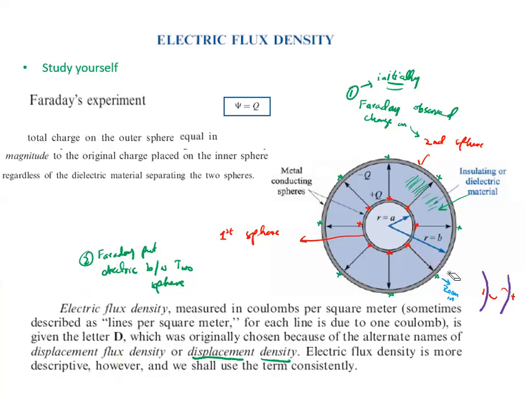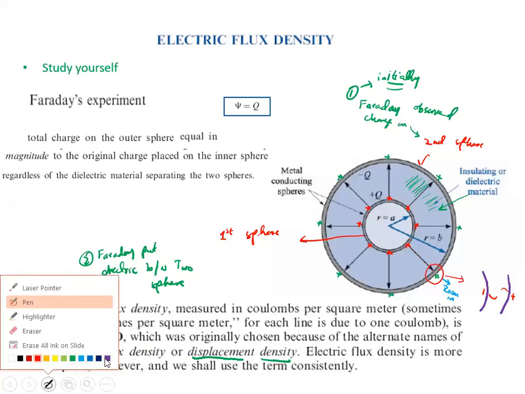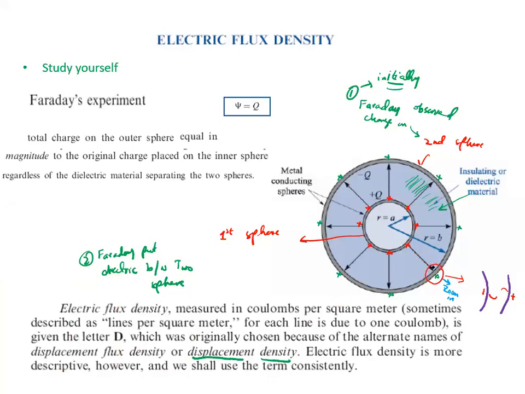So if I zoom into this, the inner layer becomes negative and the outer layer becomes positive. This is what happens in reality. But Faraday at that time couldn't recognize this was happening, so he gave it a very rough name called displacement.